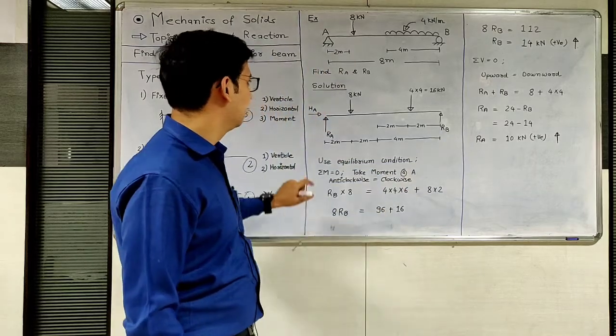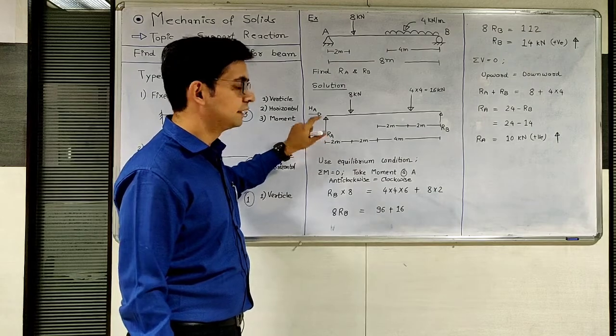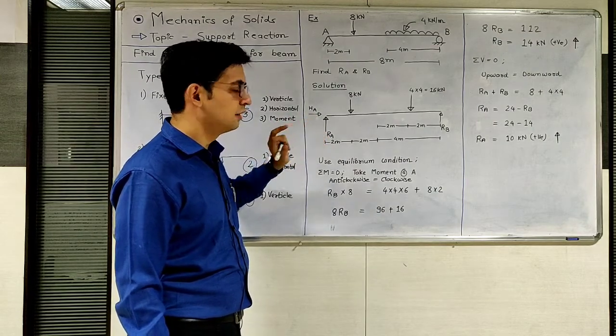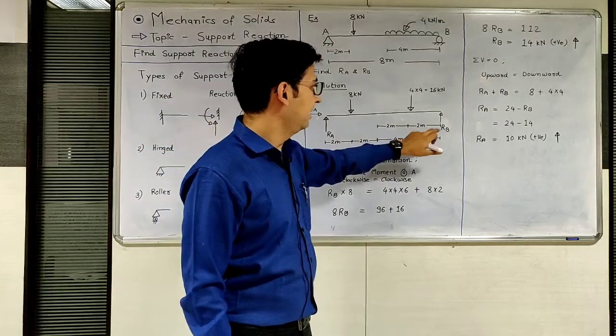Here in this case, horizontal reaction is neglected because there is no external horizontal force given in the beam. So HA value is 0. So you have to find only RA and RB.